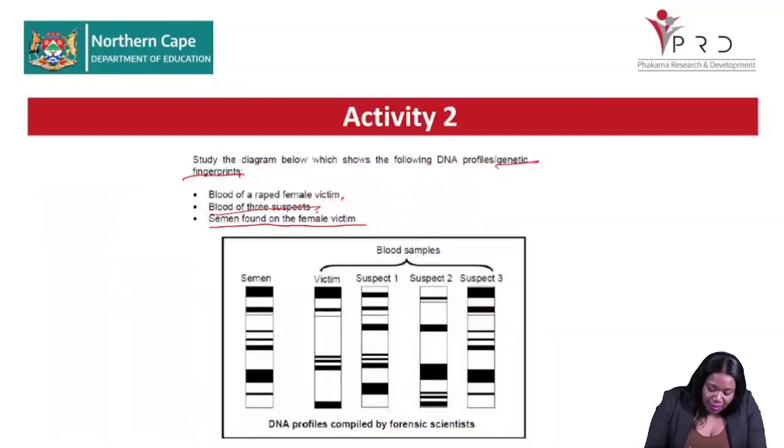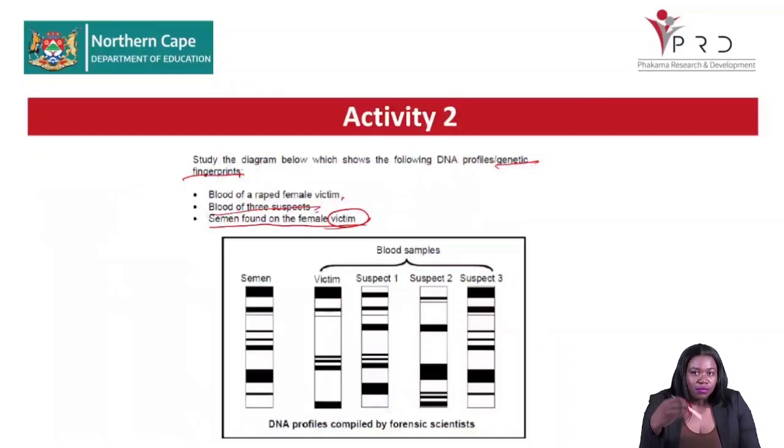So this semen from the female victim tells us that whoever the semen matches with is the person who raped the female. Now, earlier on, we spoke about the fact that the samples being found in the crime scene does not necessarily mean the person committed the crime. However, in this case, your DNA cannot be found on the female victim if you did not commit the rape.